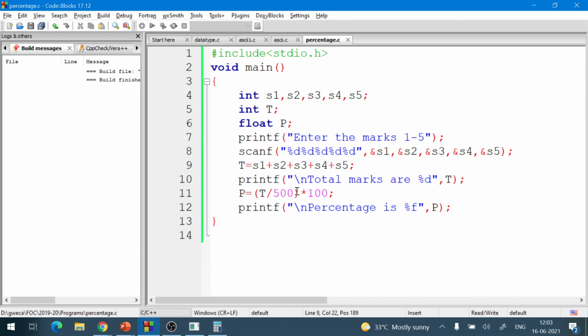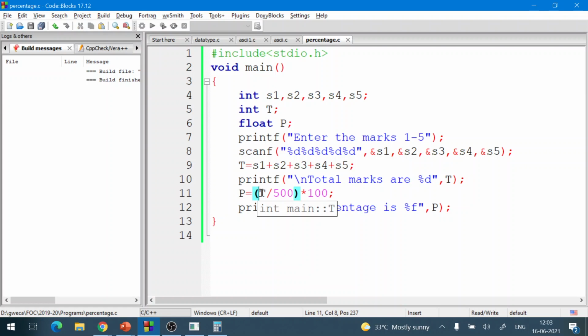Why is it 0? You can simply see that I am dividing integer by integer. The value of t is 335, and when it is divided by 500, because both of them are integers, the answer is also an integer, and since 335 is less than 500, the answer of this expression becomes 0, and when multiplied by 100 it also gives 0.